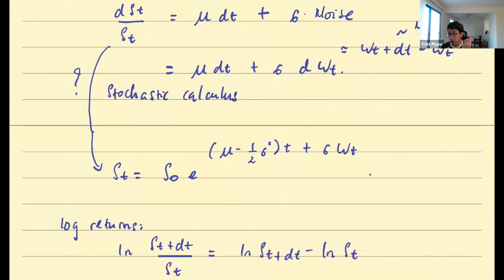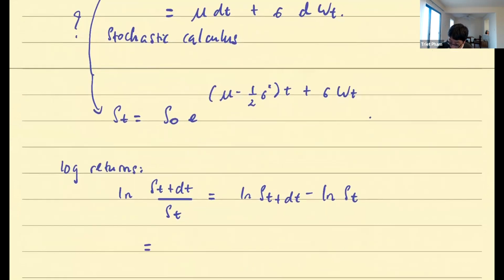But of course, in a short time interval, remember, when we have something like this, whatever this object is, you evaluate this object at t plus dt, and then you evaluate this object at t. So that is nothing but the increment of whatever that object is in terms of time. And the object is the log price.